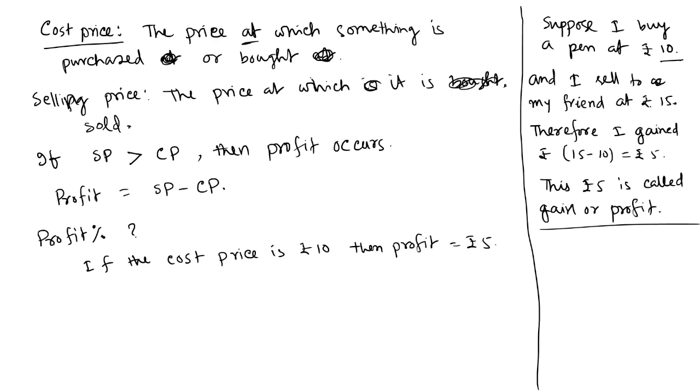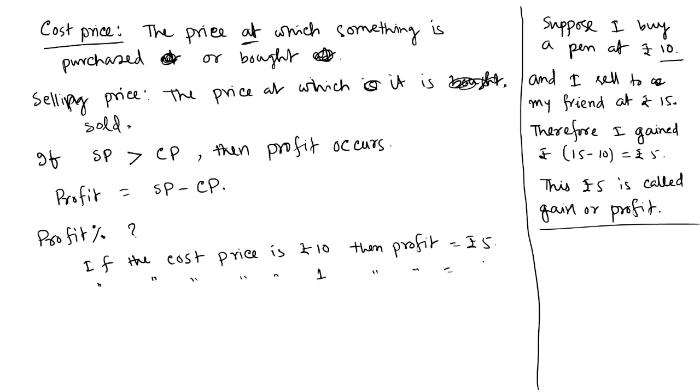You see this example on the right side. Now if the cost price is rupees 1, let us say, so at 10 rupees I gained 5 rupees. So if the cost price becomes 1 rupee, then I should gain 1 by 2 rupees, right.